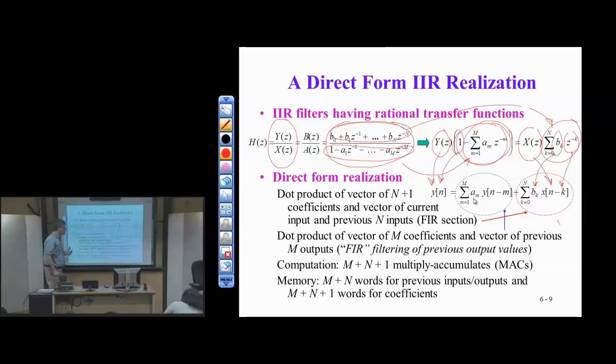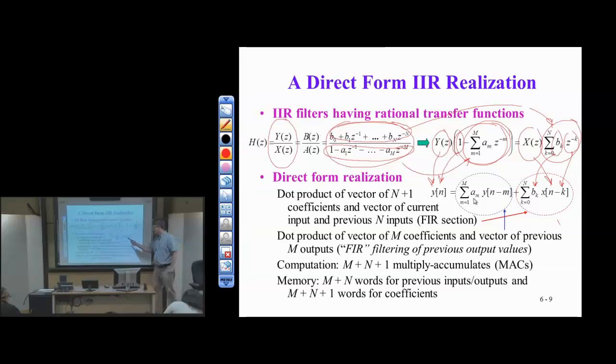So I have two summation terms, and it should look pretty familiar now because the term on the far right here is just the FIR filter applied to the input signal x of n, and nothing more than that. Just a tap delay line applied to the input signal. And I have capital N delay elements.